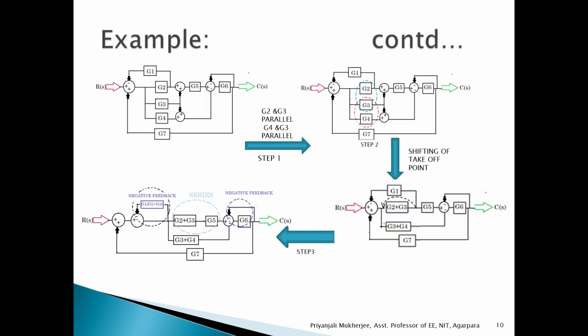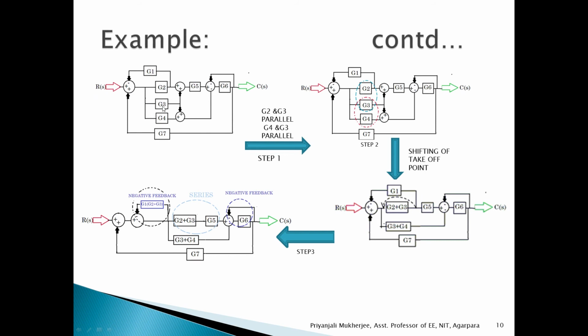Next, consider another example. Here there are different types of blocks, and G3 is going to this summing point and this summing point 2. First check G2 and G3. The signal through G2 goes from R(s) to C(s), and G3 has the same direction.